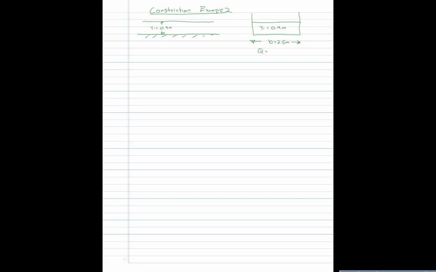The flow rate through the channel is 4.25 cubic meters per second, and an obstruction is introduced that has a height of 0.05 meters. And so now the question is, what will be the flow depth over the obstacle?